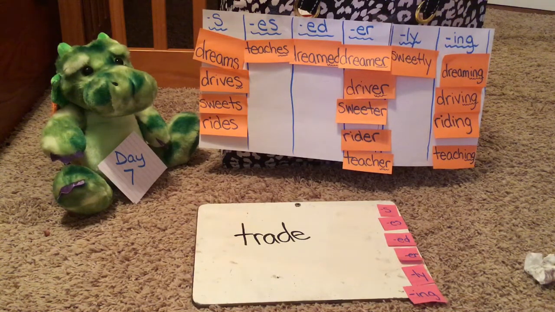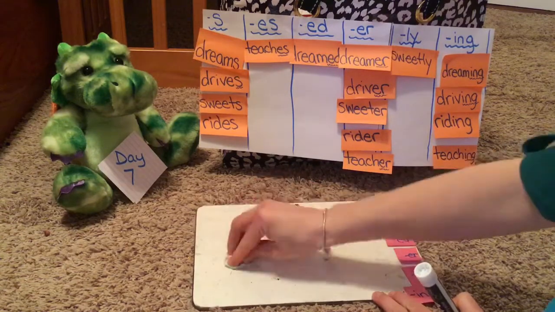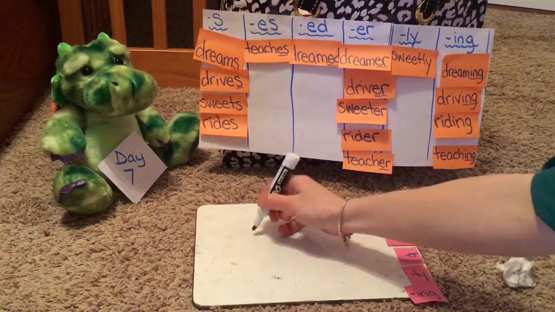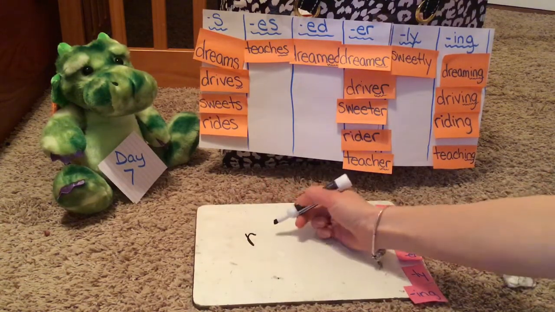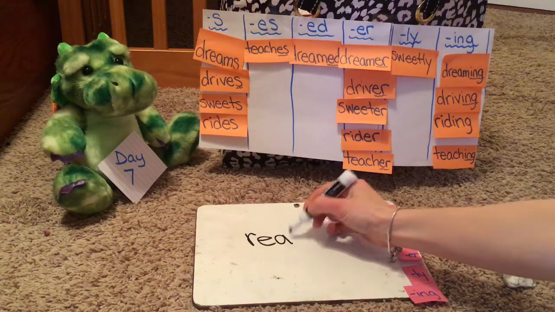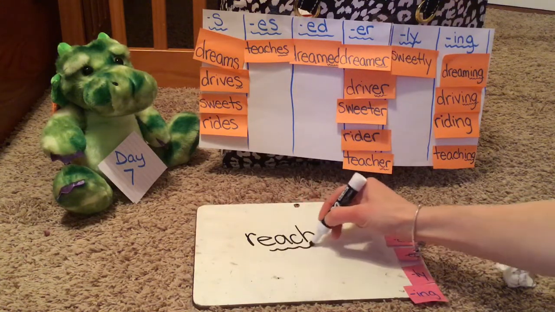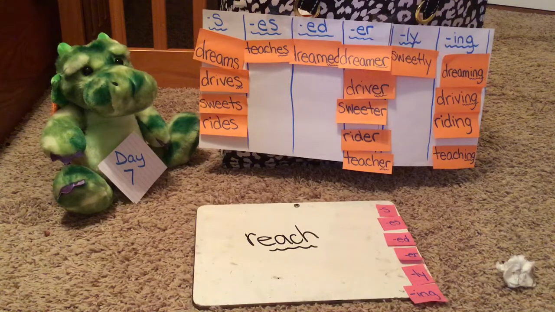Okay, we'll do two more. Let's try the word reach. It's got that long E sound in it, like beach, so I know it's part of this family. It's in that word family with the word beach and teach. All right, reach.